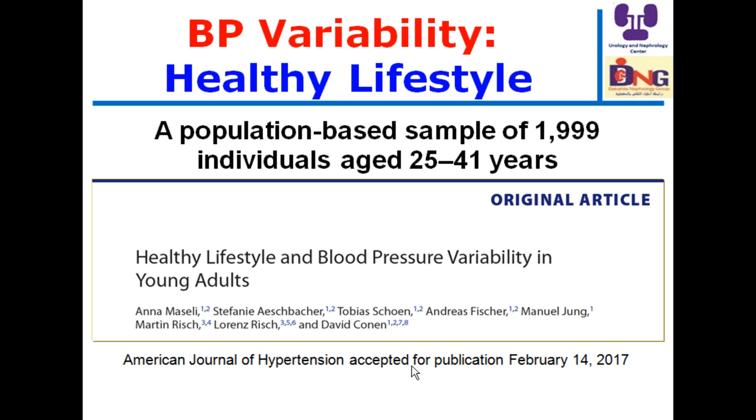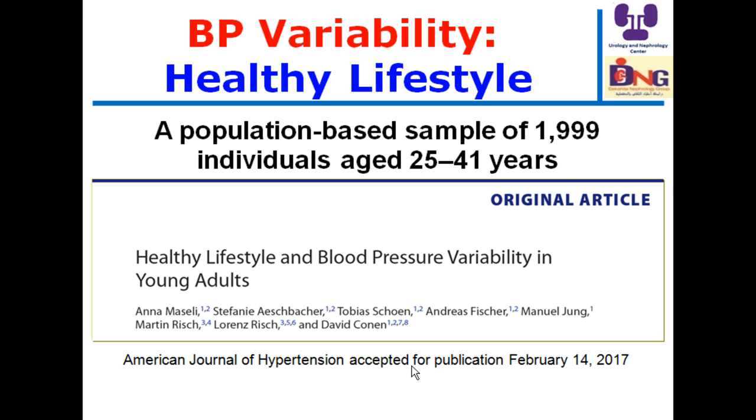A lifestyle score from 0 to 7 was calculated by giving 1 point for each of the following components: never smoking cigarettes, adhering to healthy diet components, performing moderate or intense physical activity, having a body mass index less than 25 kilograms per square meter, a total cholesterol less than 200 milligrams per deciliter, glycated hemoglobin less than 5.7%, and a conventional blood pressure less than 120/80.